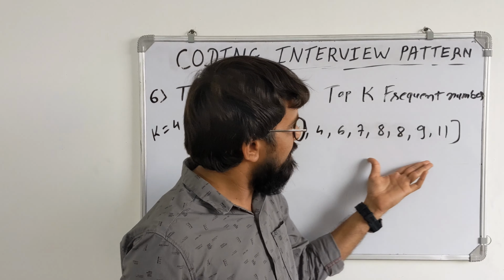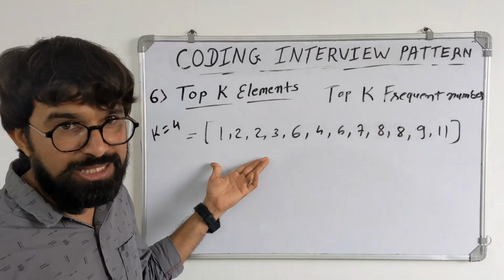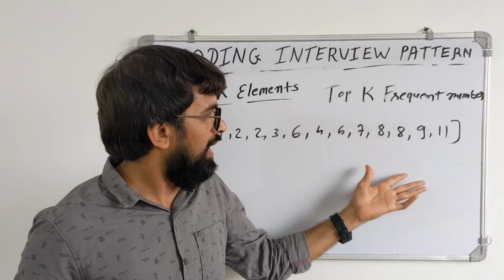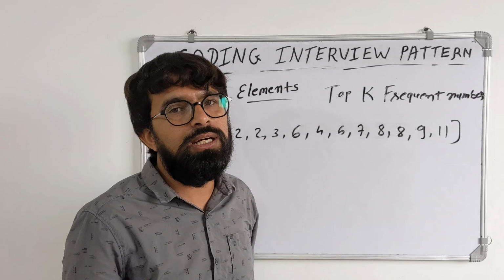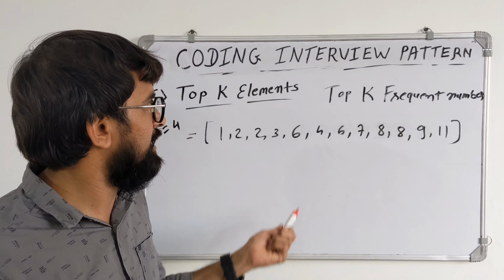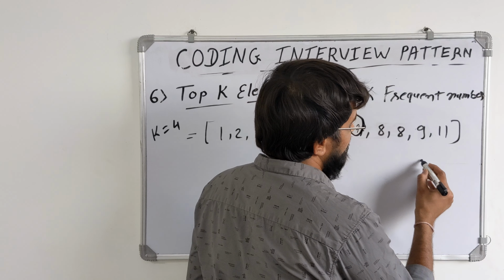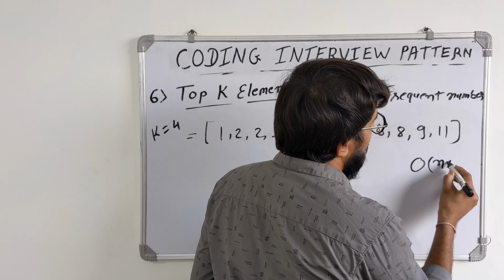So maybe the naive approach is we'll take a hash map, keep the frequency of each number, and then iterate through the hash map and get the top k frequent numbers. But in this case, time complexity will be big O of n k.